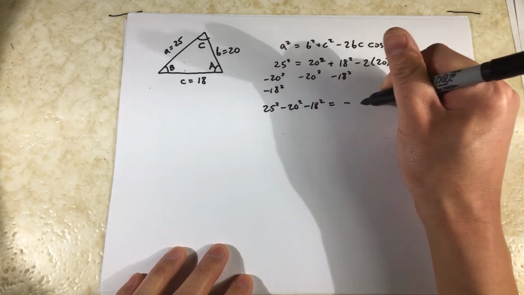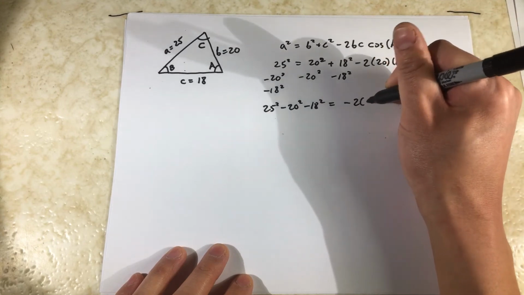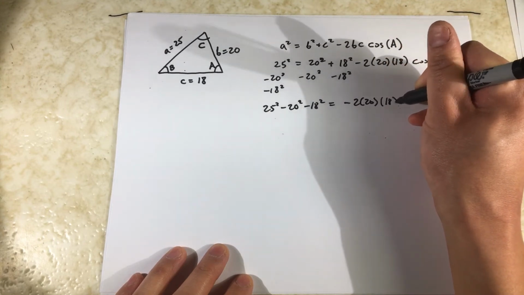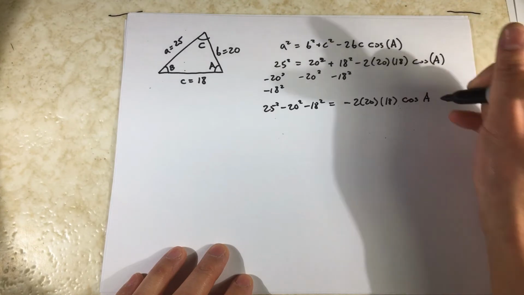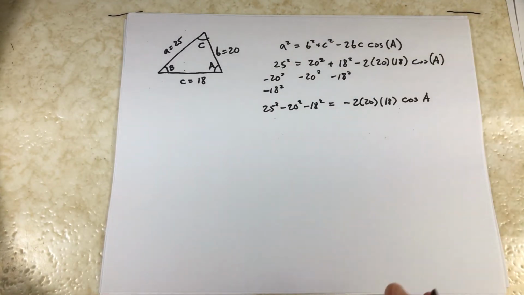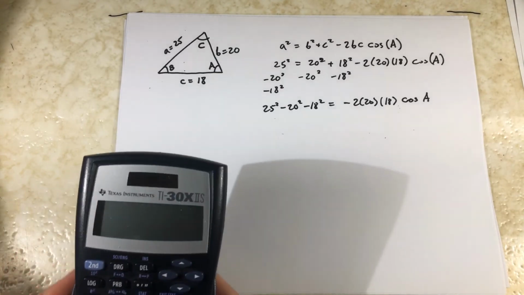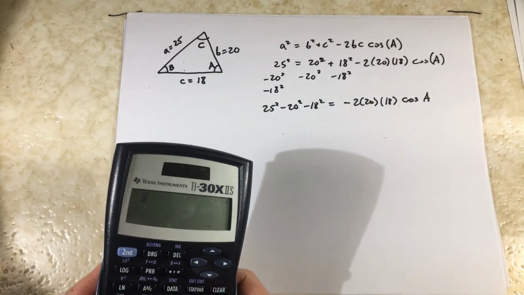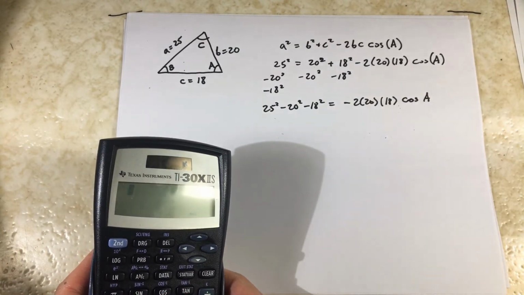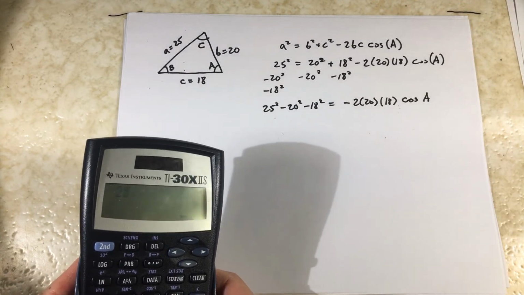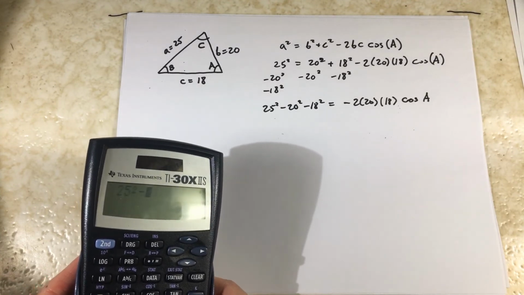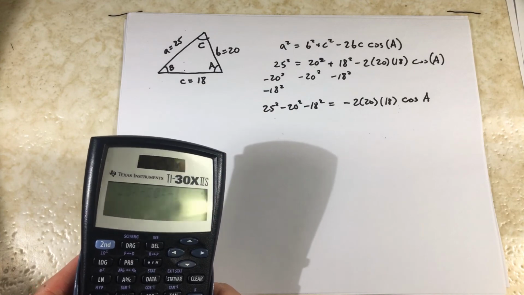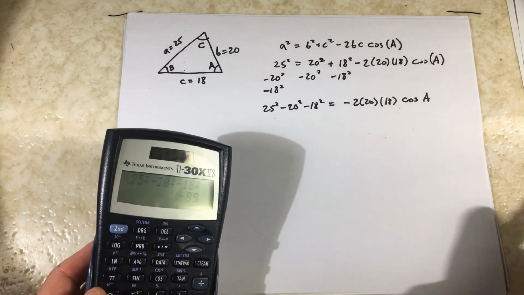And then equals 2 times 20 times 18. So at this point, just to kind of clean things up a little bit, I'm going to do a calculation here because I feel like having extra terms might be confusing for some people. So 25 squared minus 20 squared minus 18 squared is negative 99.